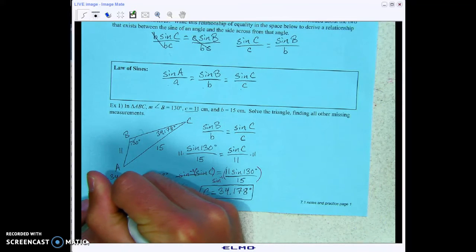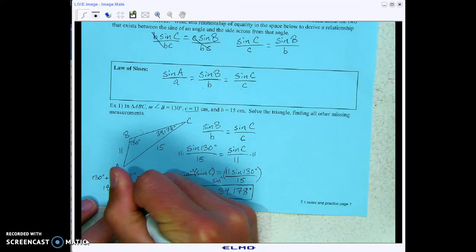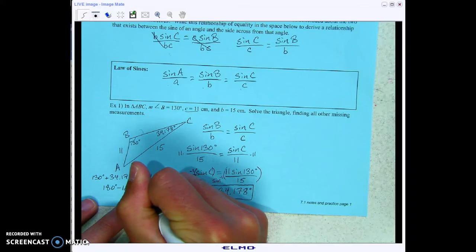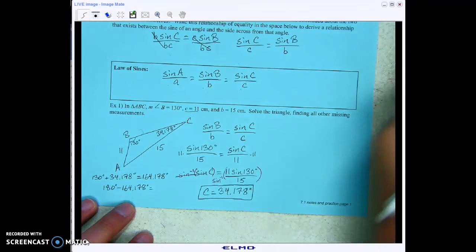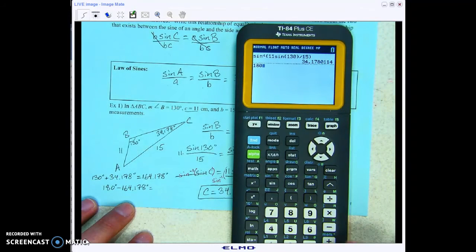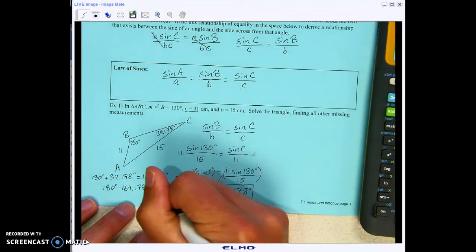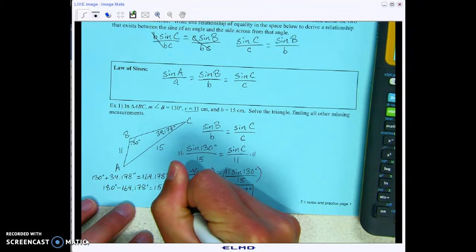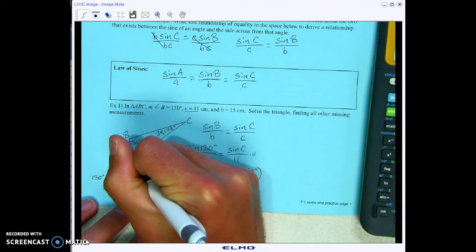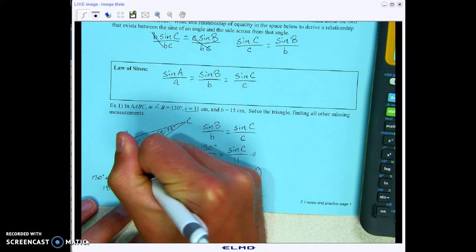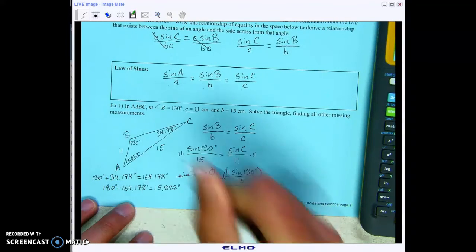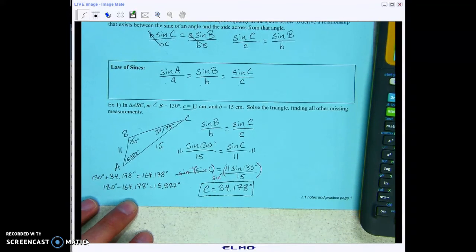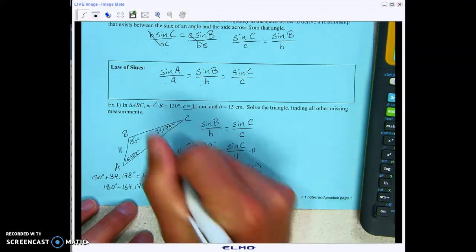And then I'm going to subtract that from 180. 180 minus 164.178 is 15.822. So that angle right there is going to be 15.822 degrees.